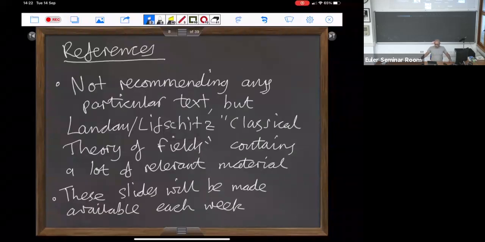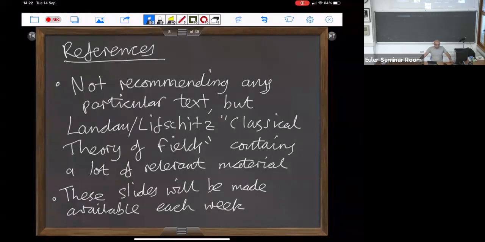Now, I'm not recommending any particular text, but Landau and Lifshitz Volume 2, which is called The Classical Theory of Fields, contains a lot of relevant material. So I recommend you have a look at that, especially for the relativity presentation that I'm going to follow today.